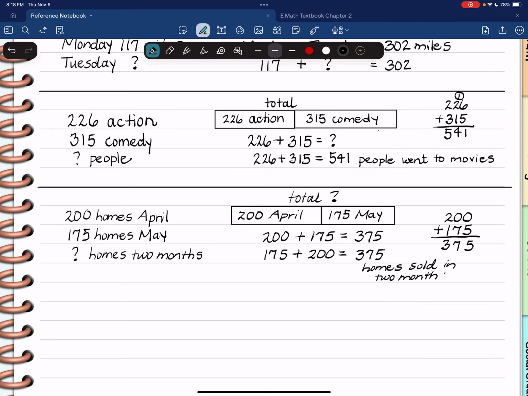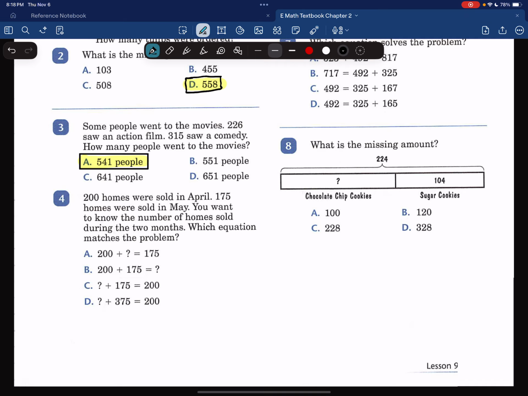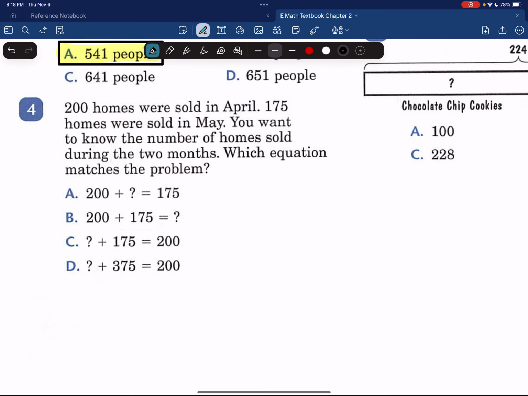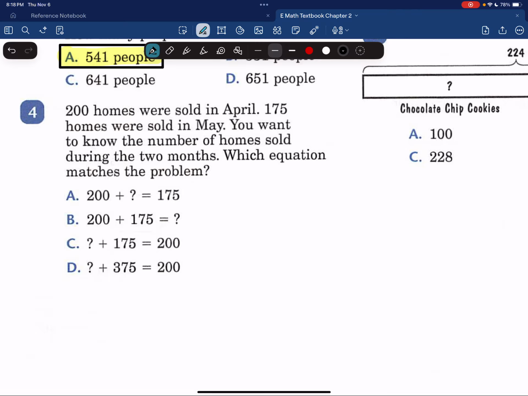So let's go back and look at our choices. We don't have to solve, we have to pick the equation. And the one we want is right here. We had to find the question mark. We had to find the total.